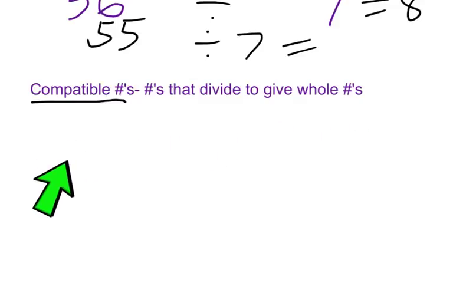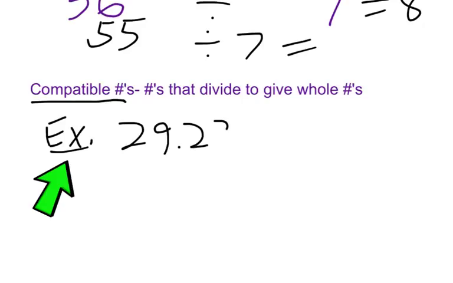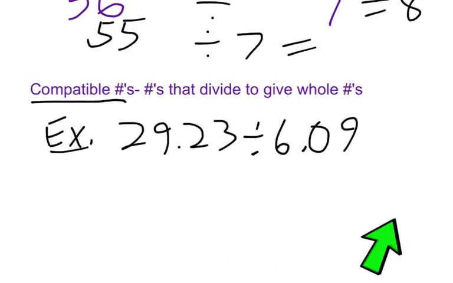So for instance, let's do an example here, 29.23 divided by 6.09. And I'm going to write down the steps that we do. Our first step is going to be to round the divisor.